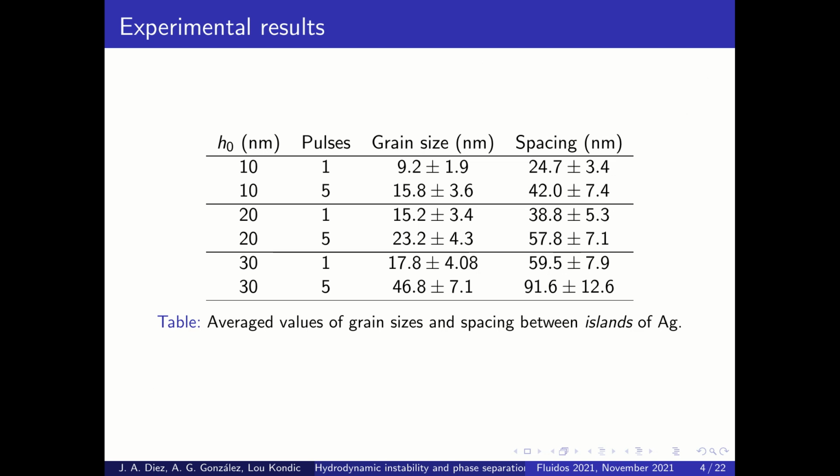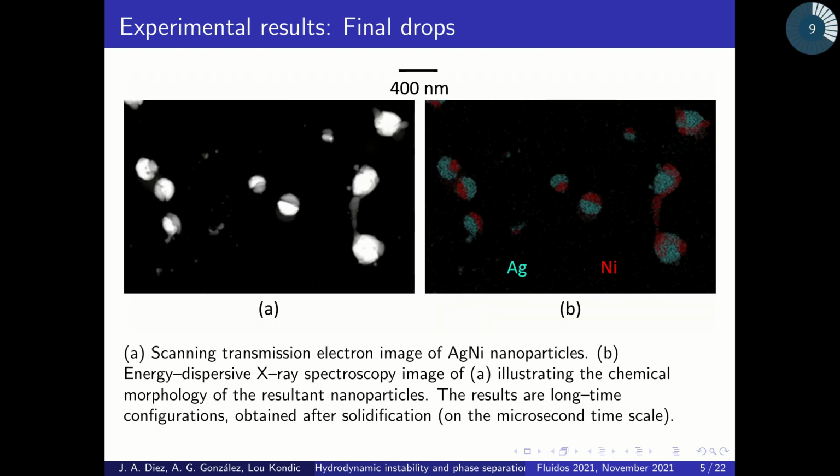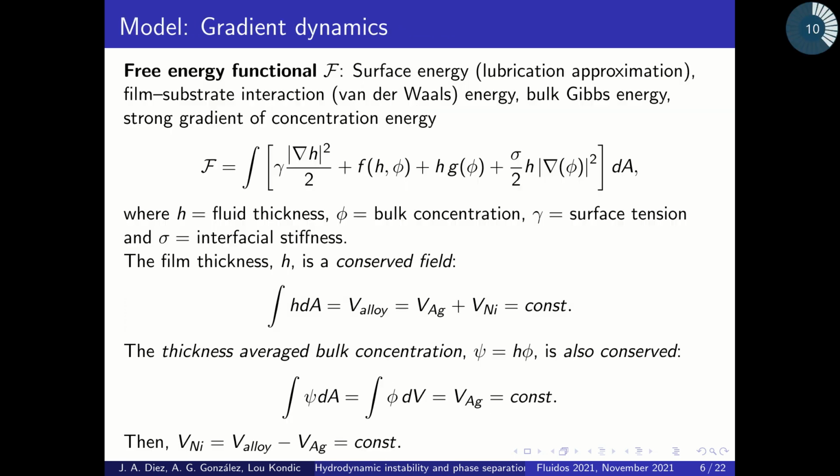To give an idea of the dimensions involved in the problem, here we present a table of the grain size of this phase separation and the distance between these grains or islands, which are the spacings. Finally, after several pulses, what we have is a pattern of drops formed by separated metals, as shown by the colors in these scanning pictures.